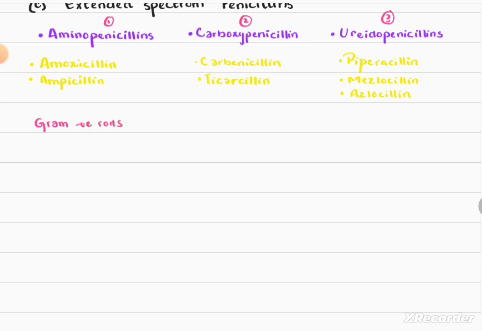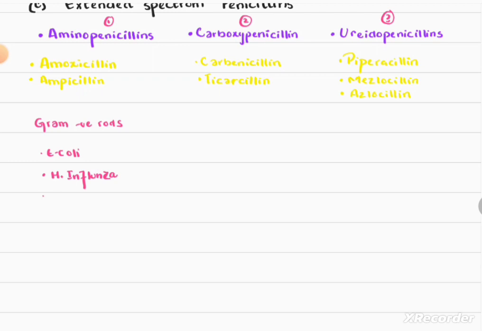They have activity against E. coli, which is responsible for causing a wide variety of infections, including pneumonia, UTIs and bloodstream infections. It is effective against H. influenzae, which is notorious for causing respiratory tract infections.